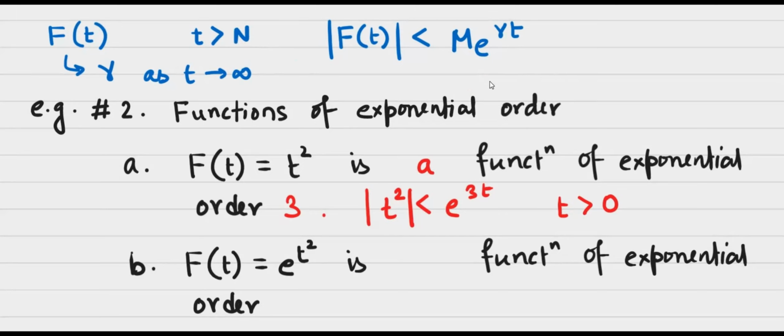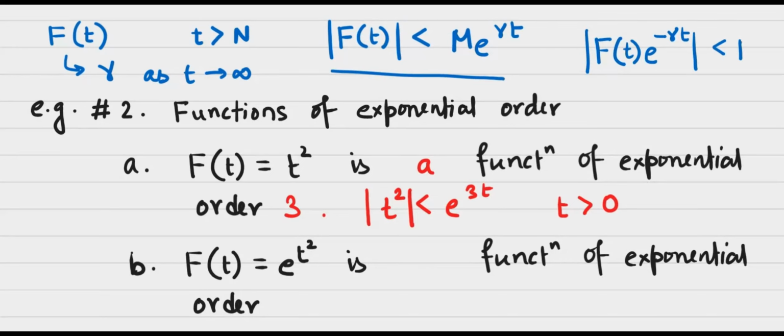Another equivalent way to check this same property is to take the e to the power gamma t factor to the other side and see if that is bounded by some number M. So basically, multiply f of t with e to the power negative gamma t, take the absolute value, and see if it is bounded by some number as t goes to infinity.